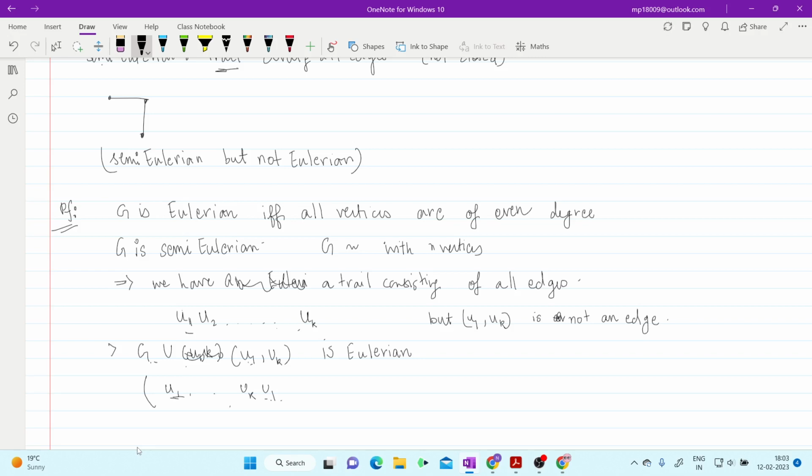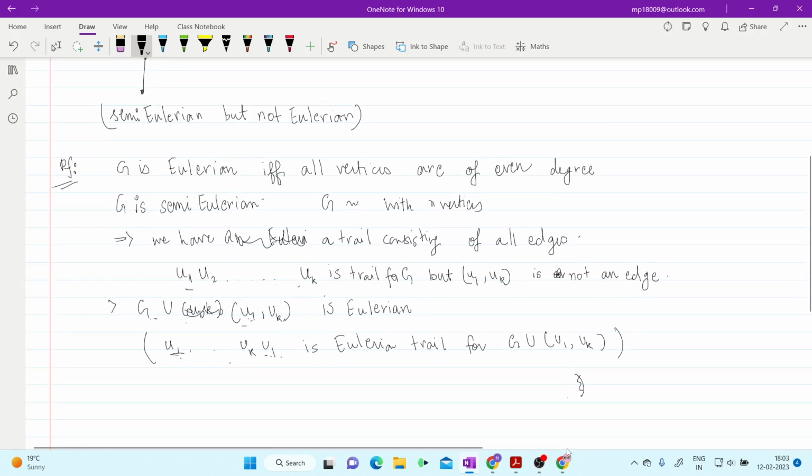So U1 till UK and then the edge UK U1 is an Eulerian trail for G union U1 UK. Therefore G union U1 UK is Eulerian.